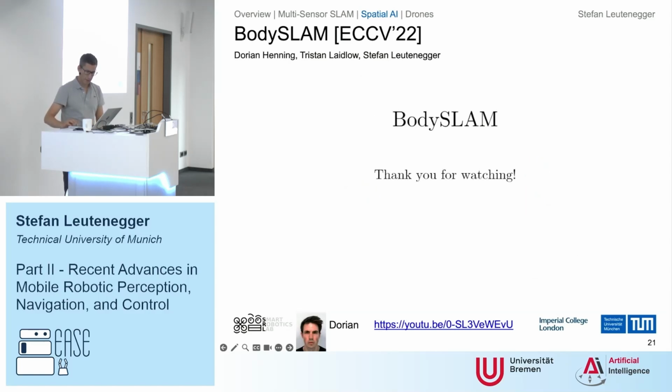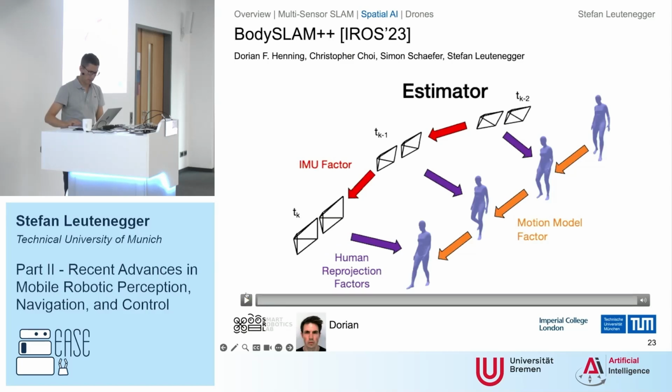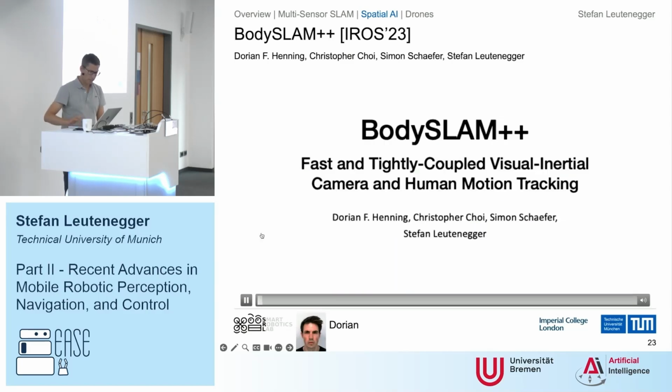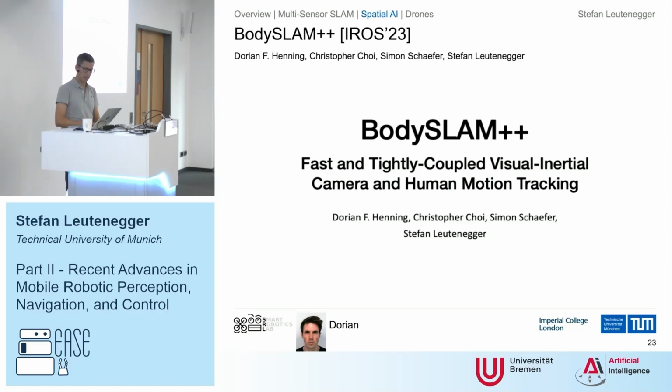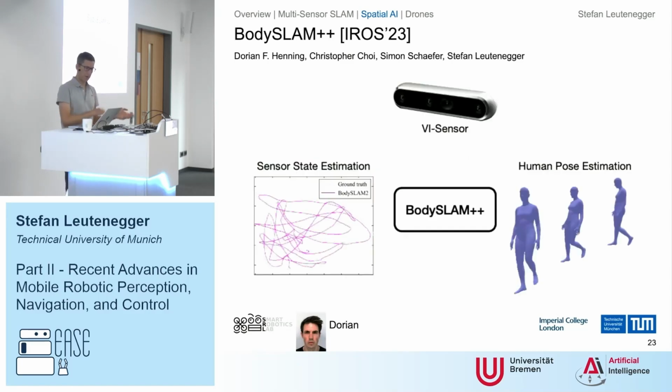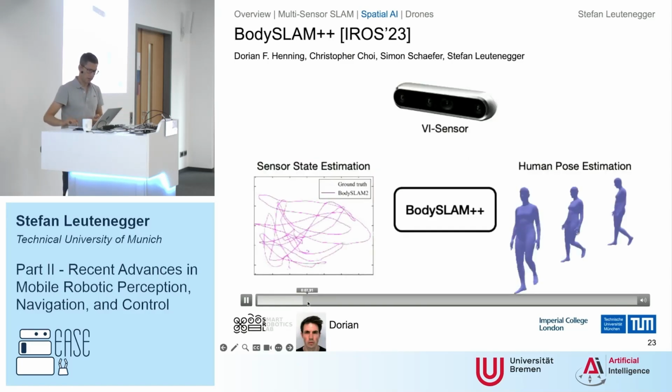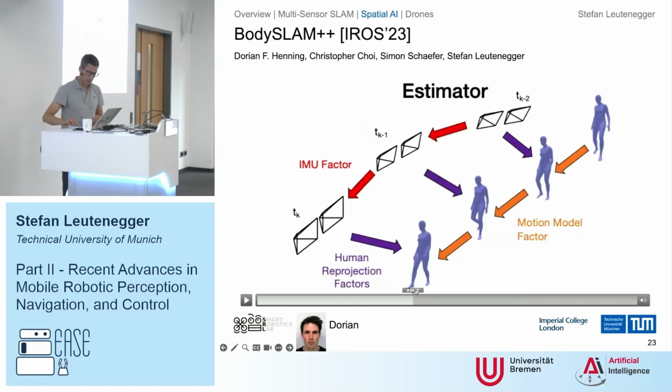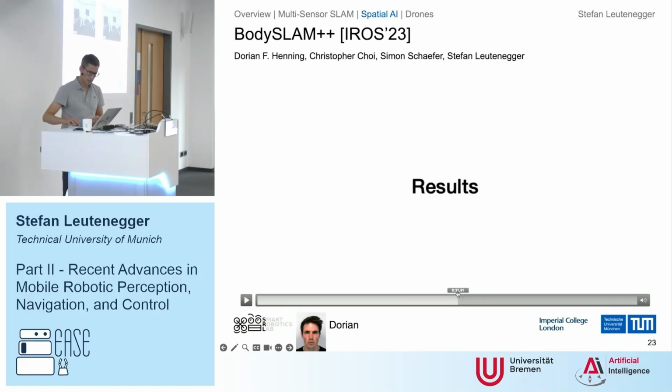Okay, so in most recent work we have also included that into both stereo as well as visual-inertial. So we just augmented the whole problem, and then you get even more reliable results, as you may guess. So maybe I'll skip through to the results.